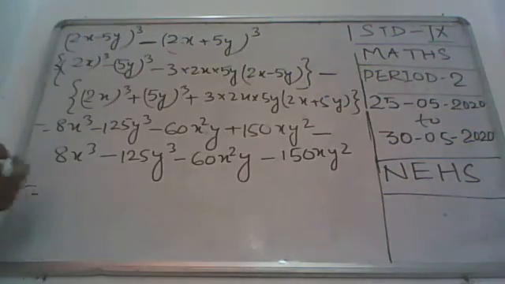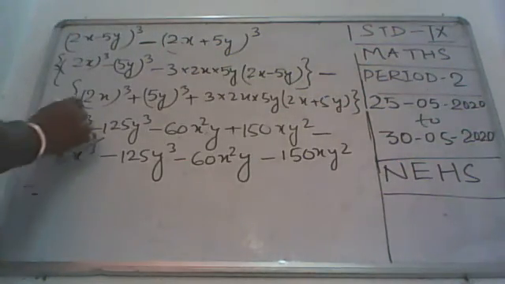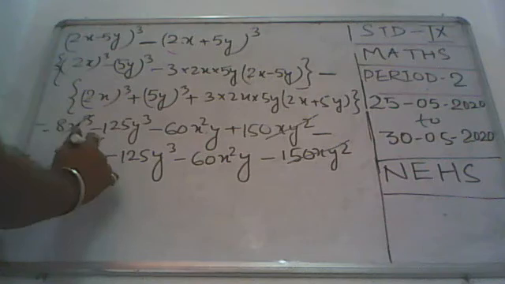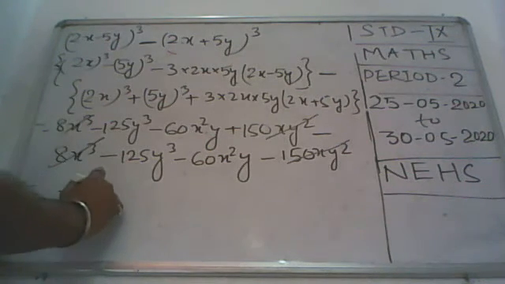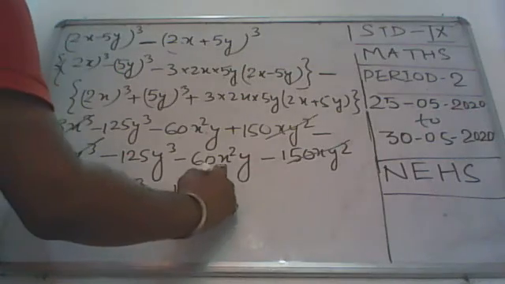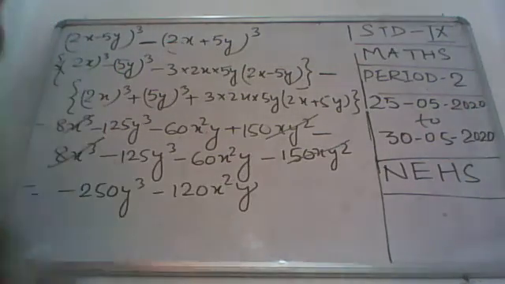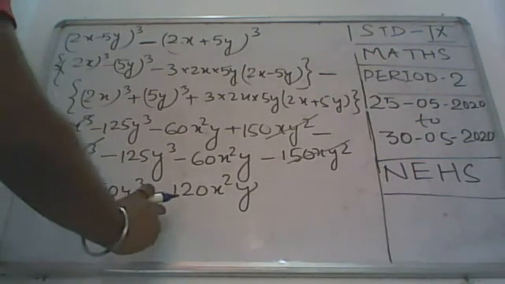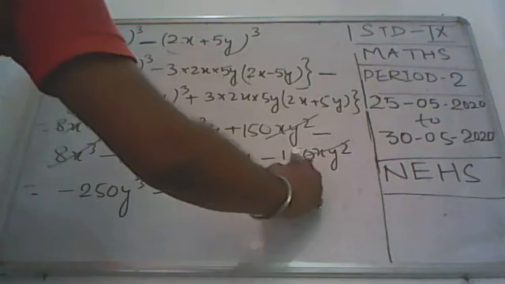Now see how many terms can be cancelled here. This and this are cancelled. This and this one are cancelled. So your answer is minus 250y cube minus 120x square y. Only two terms are left here, so we can write these two as my answer.